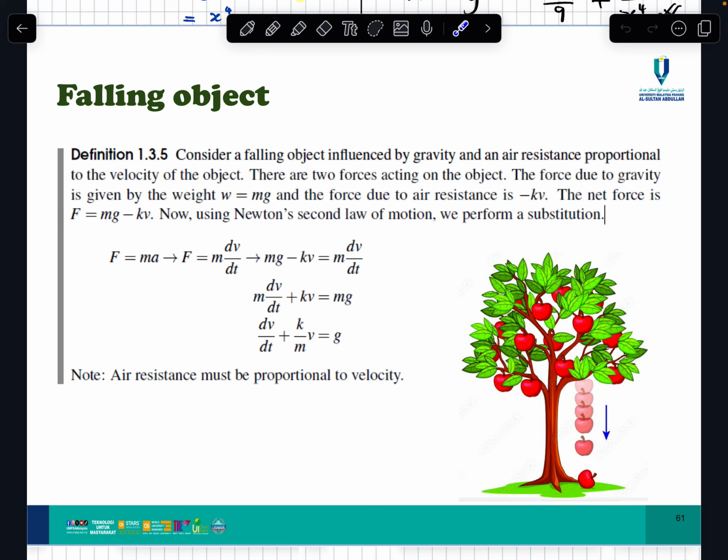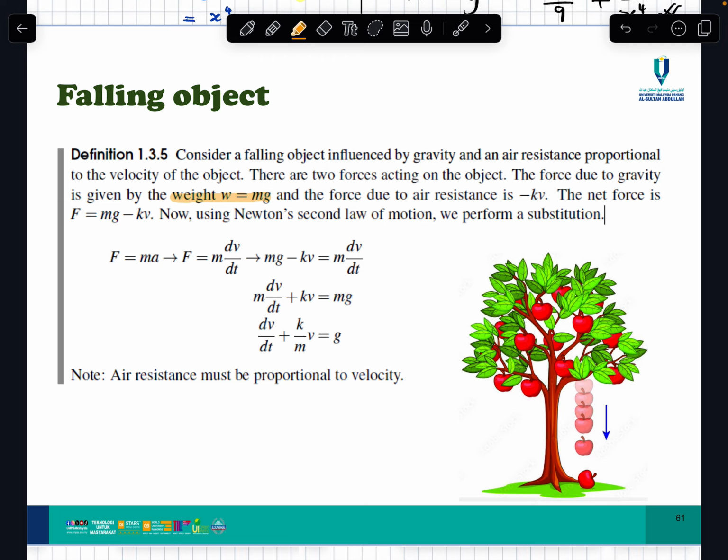Okay. So what forces act on a falling object? When an object falls, like an apple from a tree, two forces act on it. The first one is gravity. This force is called weight, W equal to mg.